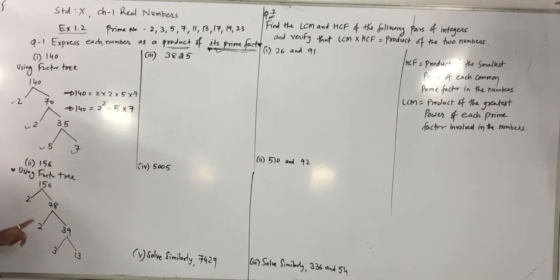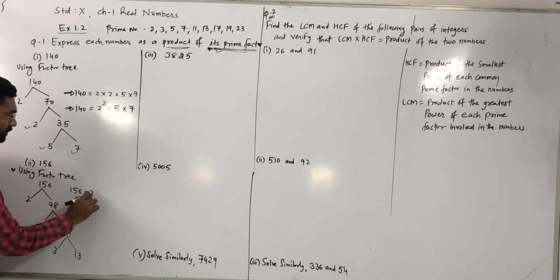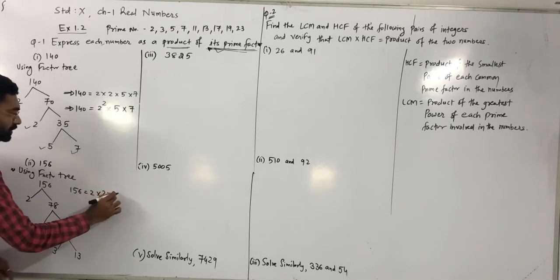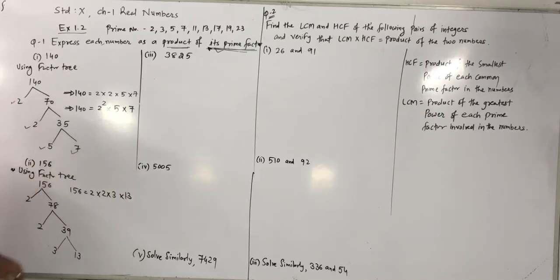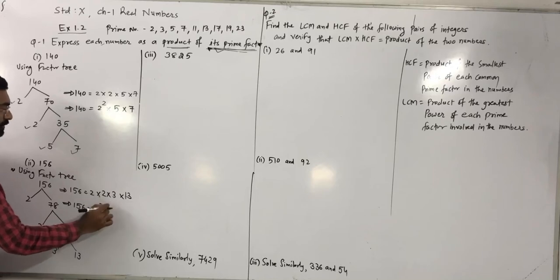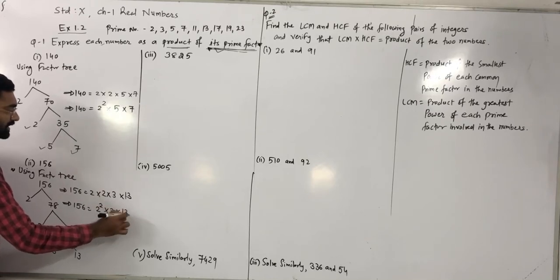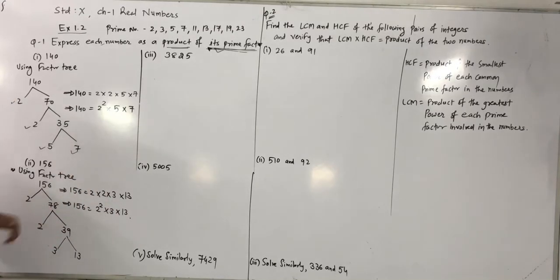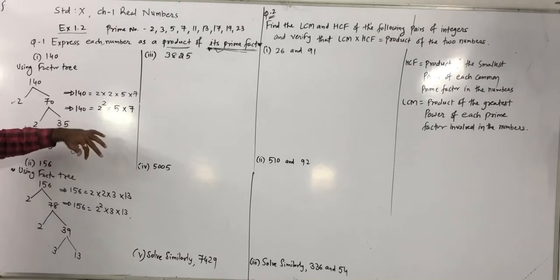And 3 is also a prime number. So the product of prime factors of 156 is 2 into 2 into 3 into 13. We can write 156 as 2 square into 3 into 13. That way we can represent any number as the product of its prime factors.